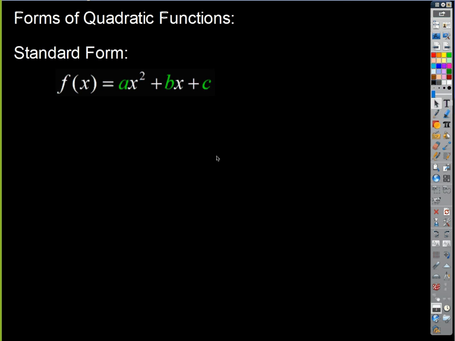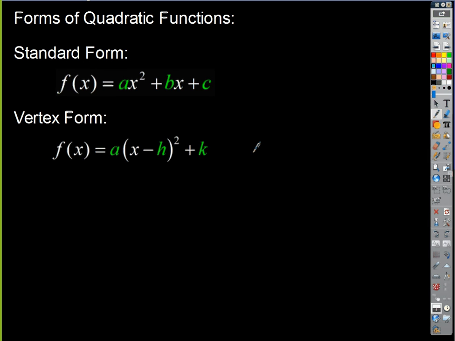While we're at it, you might want to put this in your notes, because this will be on the quiz also. What's my formula for calculating h and k if I'm starting at standard form? My formula is h equals negative b over 2a, and k equals, how do I calculate k?